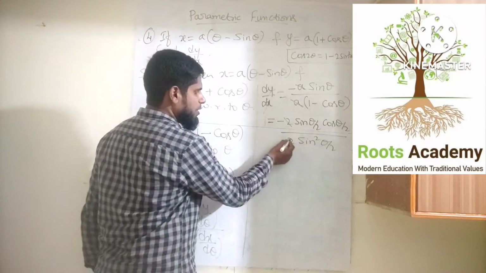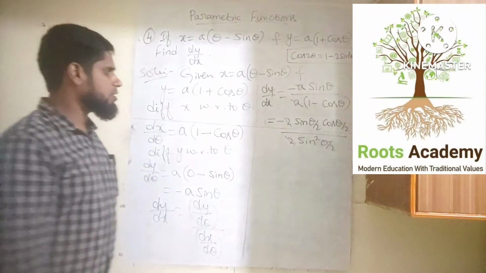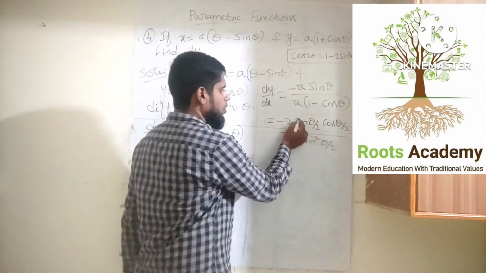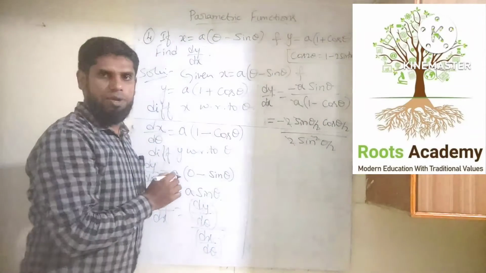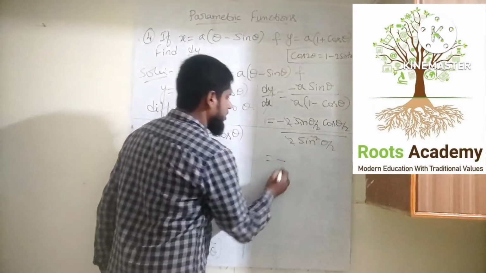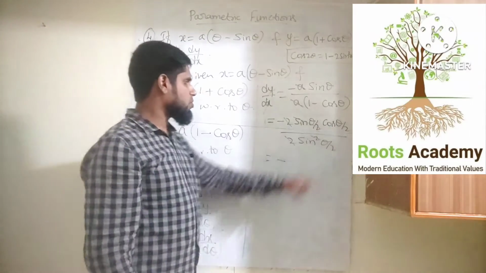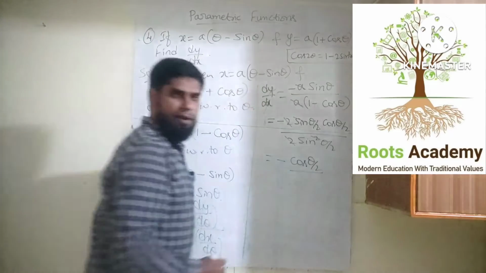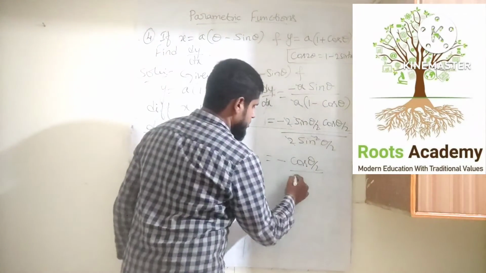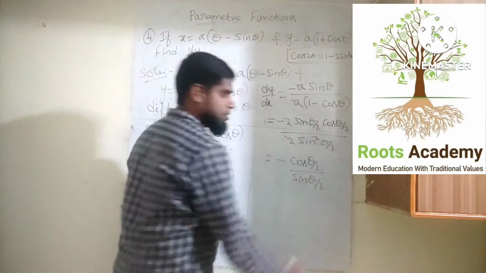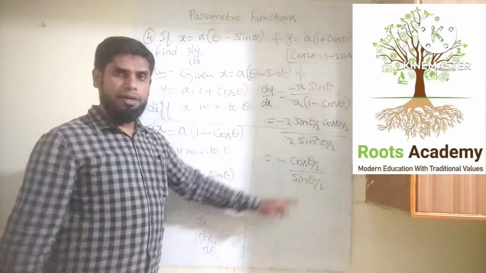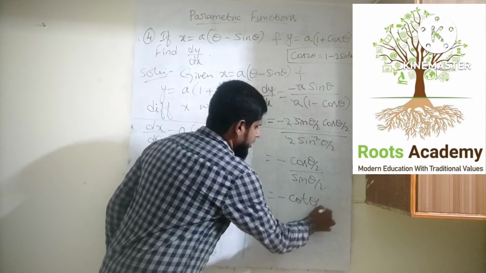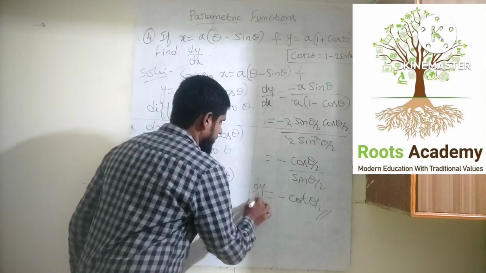Now in the numerator and denominator, 2 and 2 get cancelled. 1 times sine theta by 2 in the denominator and 1 times sine theta by 2 in the numerator get cancelled. So minus, as it is, left out in the numerator is cos theta by 2, divided by sine theta by 2 in the denominator. So cos by sine is cot. So minus cot theta by 2 is our dy by dx.